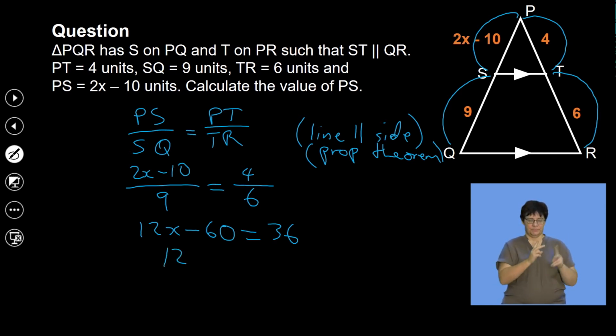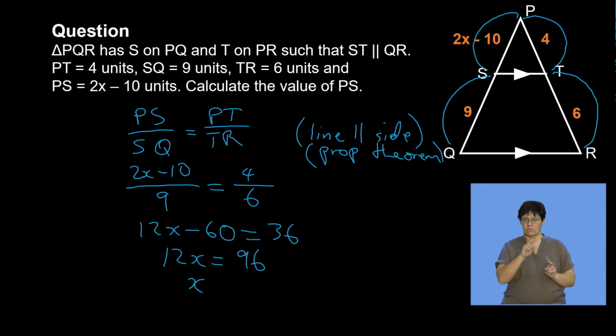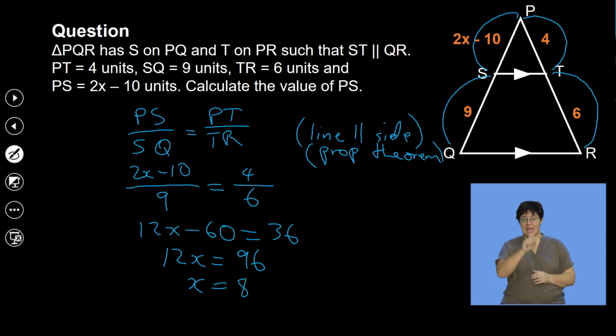So 12x is equal to, if I add the 60 on both sides, 96, right? And then I find what my x is. Let's quickly press the calculator so that we get the correct answer. Divide this by 12, and that will give me 8. So x will therefore be 8 units.